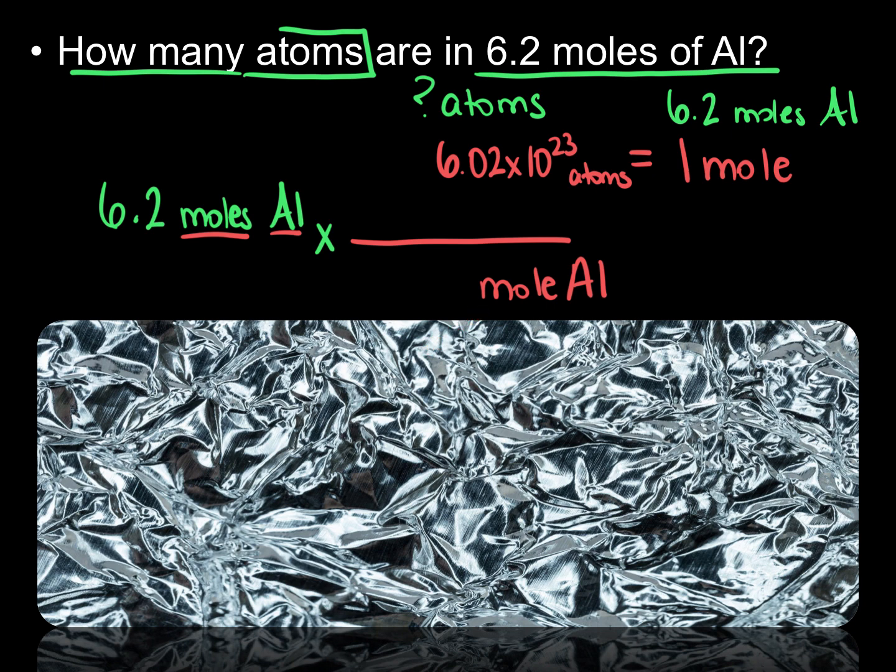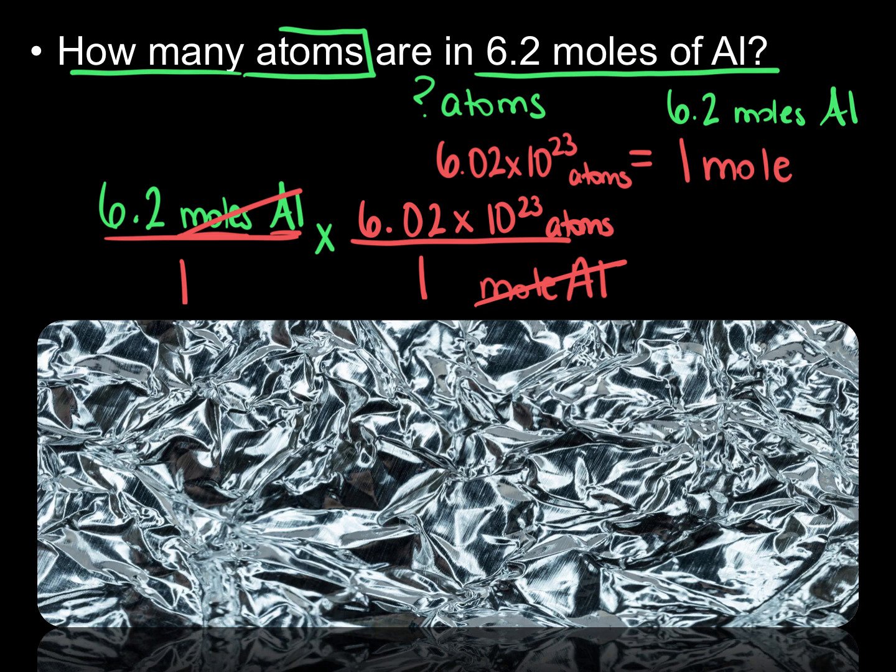I know that for every 1 mole of aluminum, there are 6.02 times 10 to the 23rd atoms. So moles of aluminum cancels out, and I'm going to do 6.2 times 6.02 times 10 to the 23rd, and everything on my bottom is just 1, so I don't have to worry about dividing by anything.